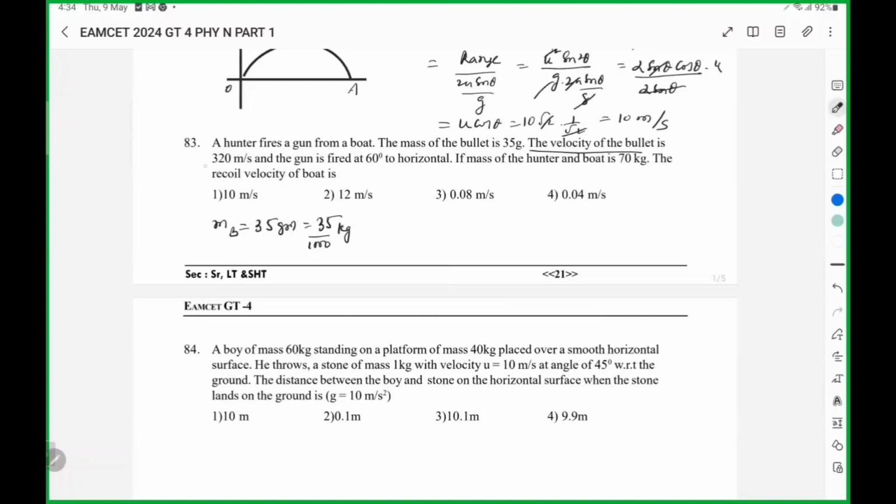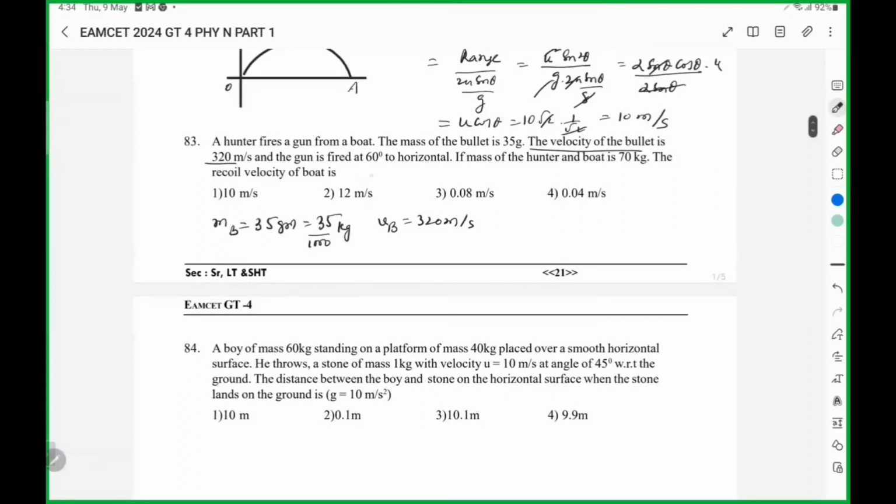The velocity of the bullet is 320 meters per second, fired at an angle of 60 degrees. The mass of the hunter and boat is 70 kg. Find the recoil velocity of the boat. Take this as the big mass.